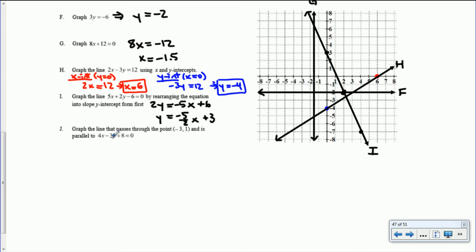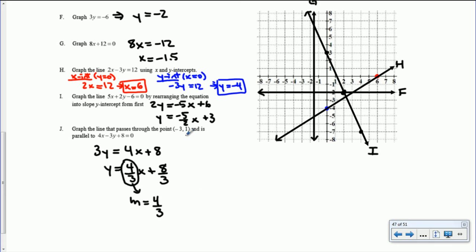So if I add 3y to both sides of this equation, I would get 3y equals 4x plus 8. Divide both sides by 3, giving me y equals 4/3 x plus 8/3. So I don't really care about that anymore. It's the y-intercept. As long as I got this right, so that's the slope we need, and it is 4/3.